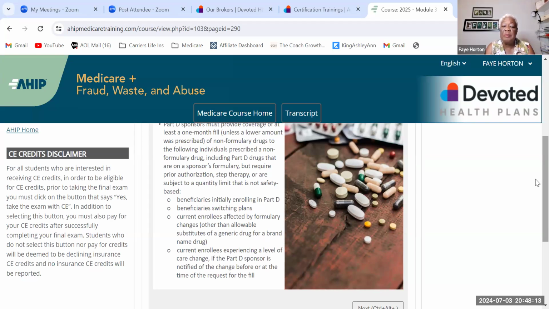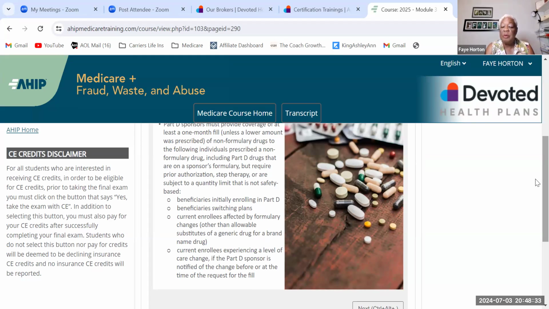Current enrollees are affected by formulary changes other than allowable substitutes of a generic drug for a brand name drug. So sometimes insurers will change the formulary. If that happens and someone's in the midst of treatment, they're entitled to that 1 month.